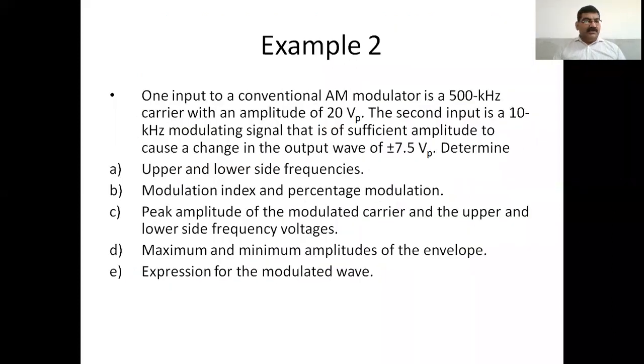Then what is the next? The maximum and minimum amplitude of the envelope. The maximum is 20 plus 7.5, 27.5, and the minimum voltage is 20 minus 7.5. That you can also calculate. Then the expression for the modulated wave.